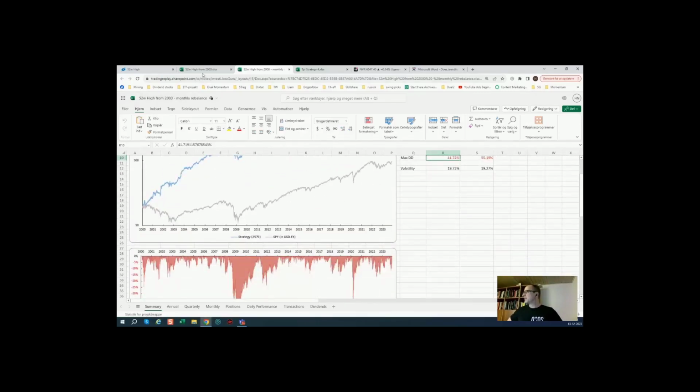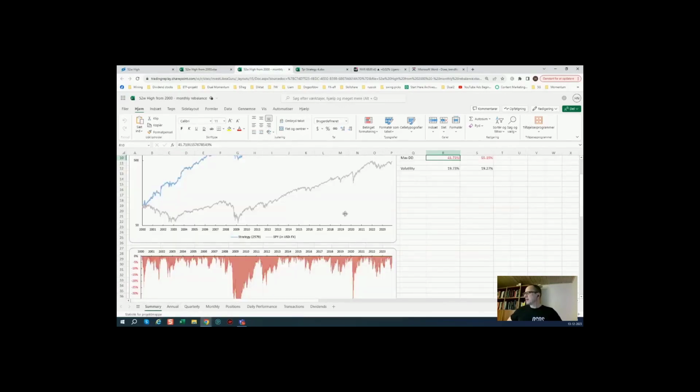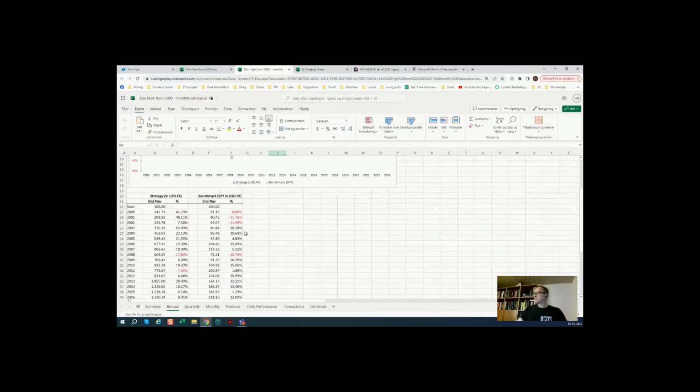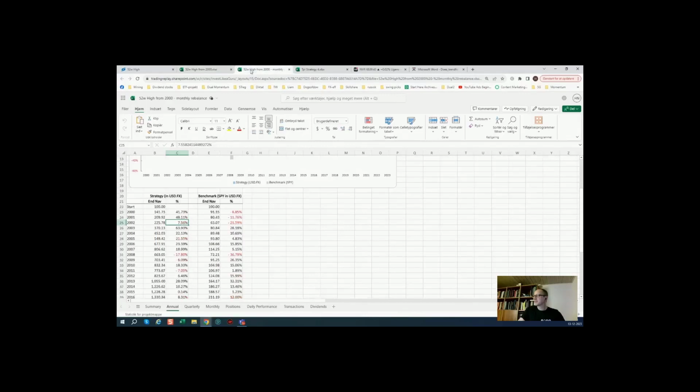We can also compare the annuals here. How is this strategy actually faring? And as you can see, in 2000, 2001, 2003 here, where the first strategy was giving us some quite severe negatives, this one is in positive, and even in some very good positives.